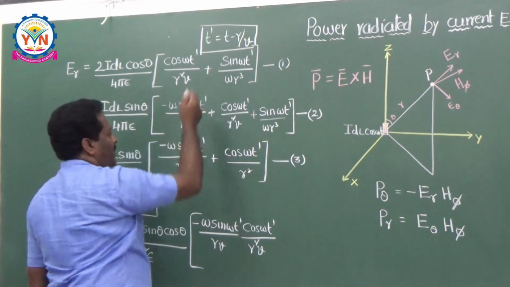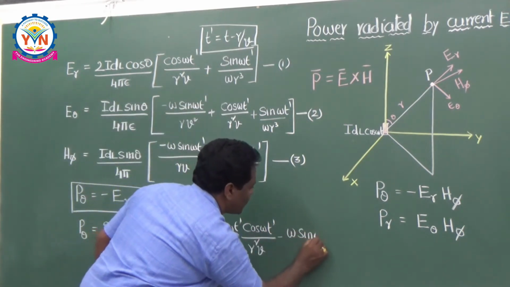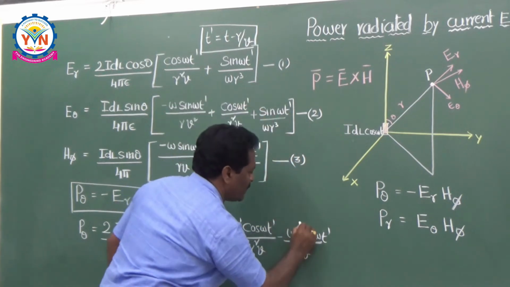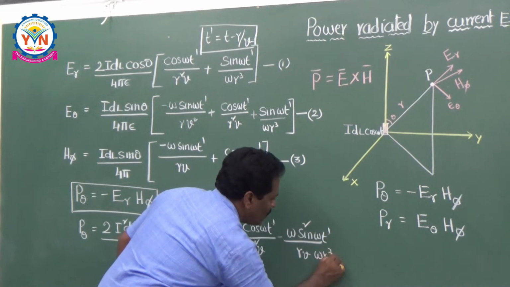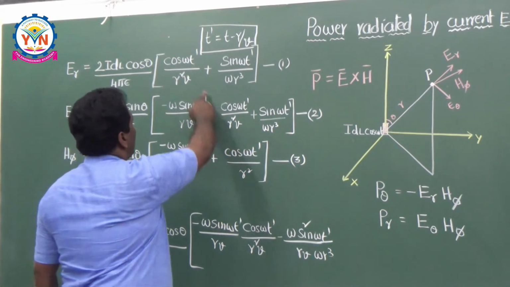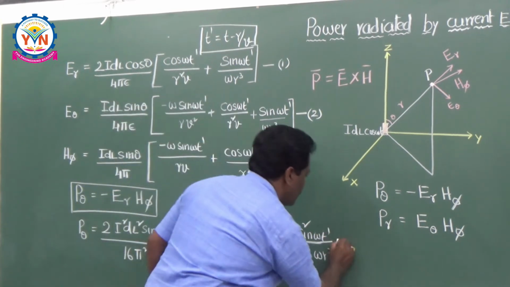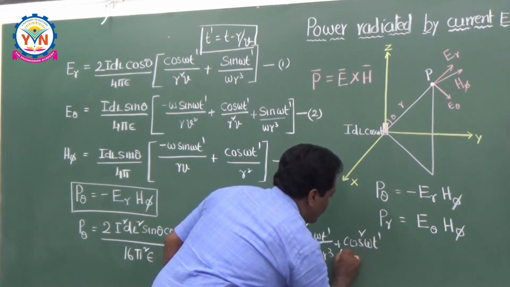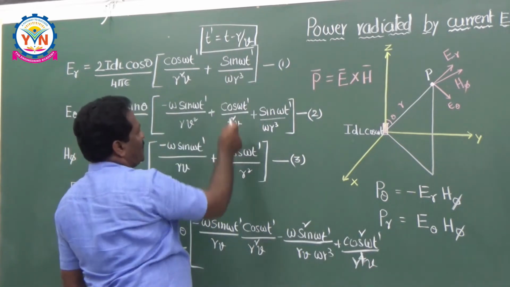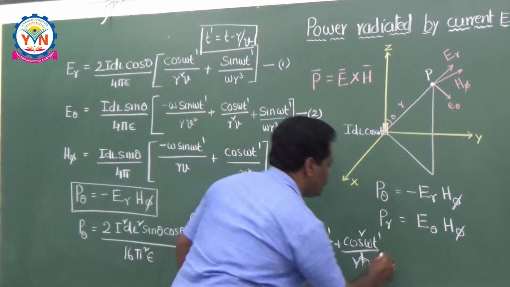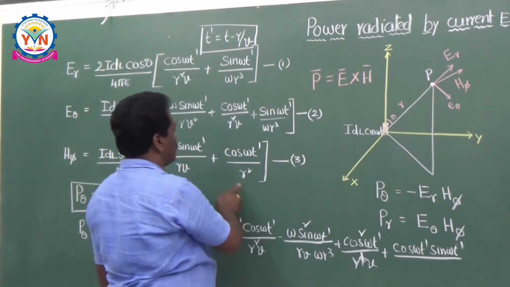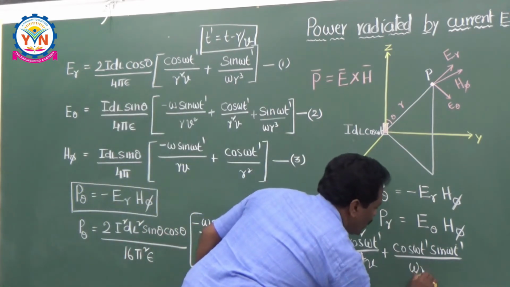And one more term: minus omega sin omega t dash divided by RV into sin omega t dash by omega r cube, that means sin square omega t dash divided by omega r to the power of 4 V. The next one is cos square omega t dash by r to the power of 4 V, plus cos omega t dash into sin omega t dash divided by the multiplication of these two, r square into r cube, so omega into r to the power of 5.